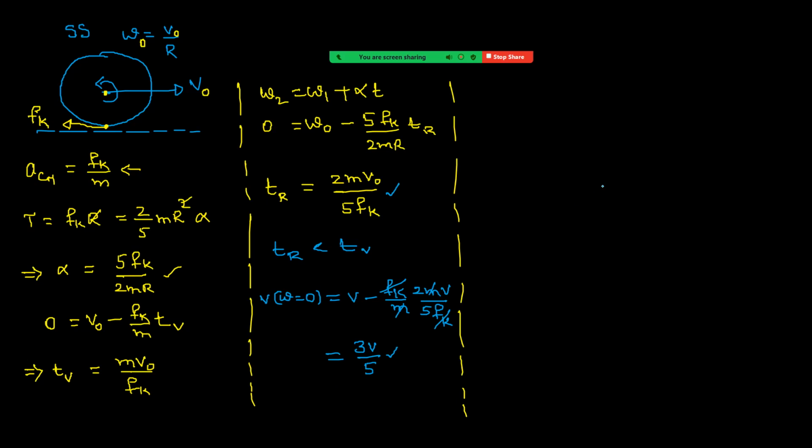Here we got this value by taking the force equation, then the torque equation, then alpha, then acceleration, then found at what time omega becomes 0, and substituted that. Now by using the law of conservation of angular momentum, directly in one single step, we can get this answer. Let us see how.